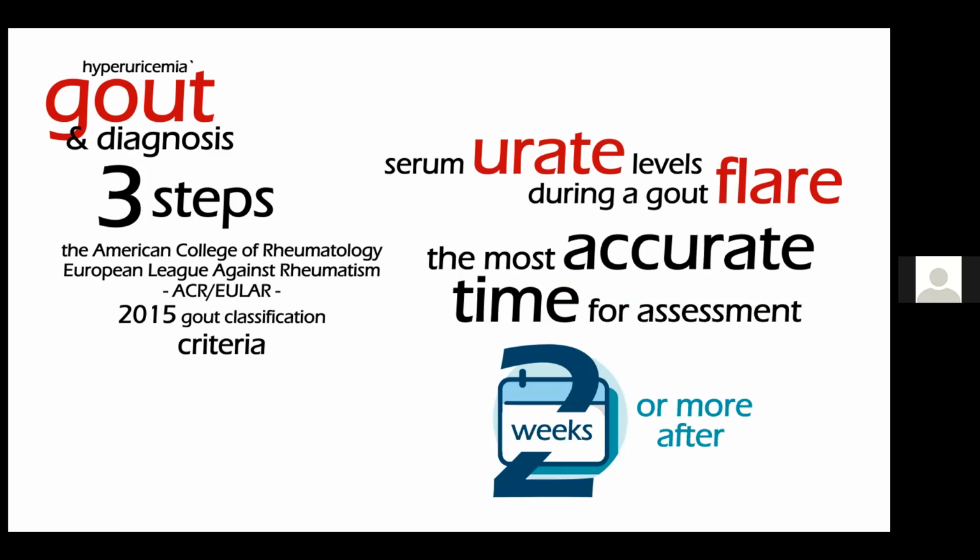The optimal time where serum urate level might be accurate and useful for us in the classification criteria will be to wait for 2 weeks or more after the flare for us to make sense of the report that we are receiving from the lab.